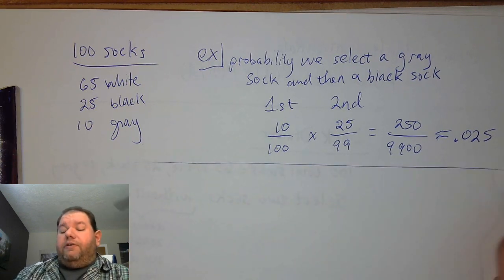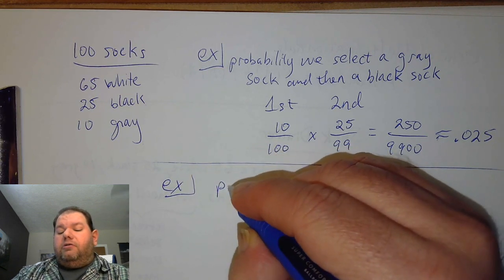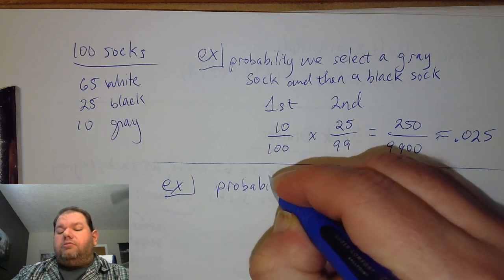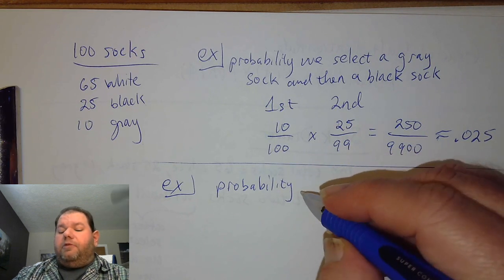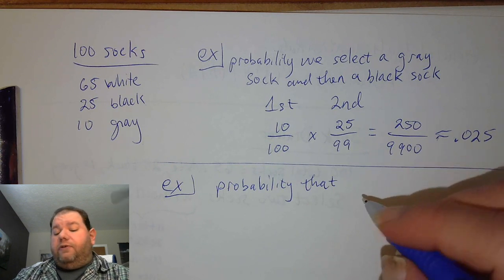How would we, and this is back to statistics, how would we go about finding the probability that we get a matching pair on the first 2 socks?